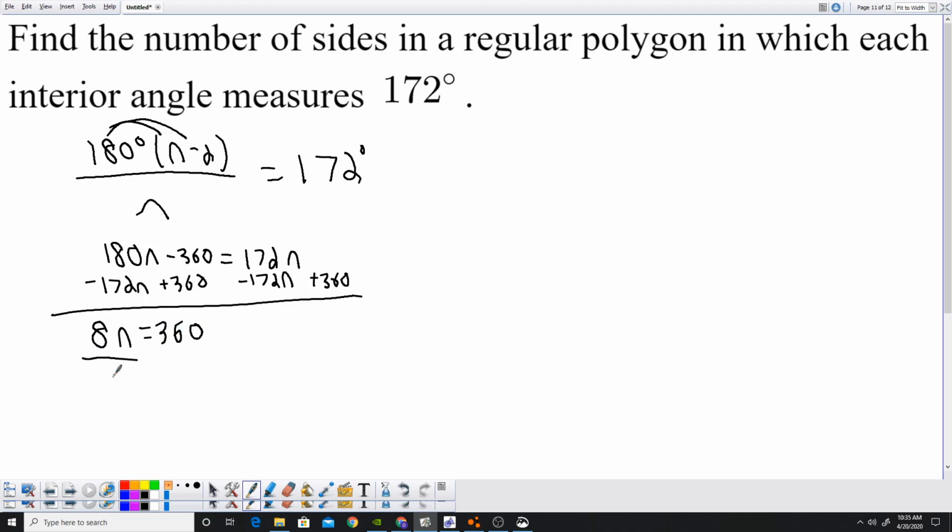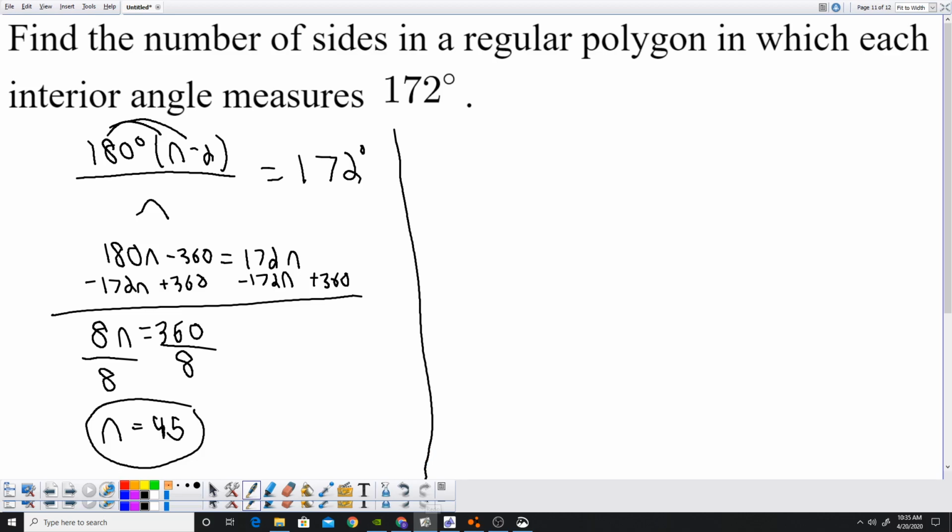And if we divide by 8, we get that n is equal to 45. So we have that our polygon is a 45-sided figure. Now that was thinking about interior angles and using that formula that we know to find the number of sides.